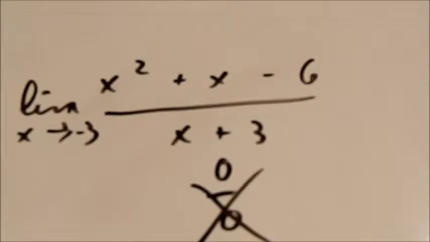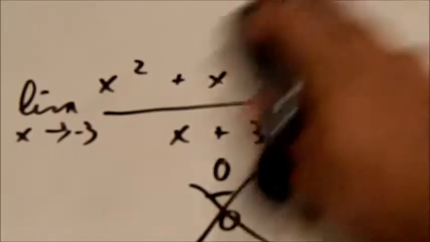In this case, however, we would get 0 over 0, the indeterminate form, which is unusable. So we need to factor this in some way to remove the x plus 3 on the bottom. This is basically the same idea as we did with the cubic functions, except this time we're just going to be factoring a trinomial on top.